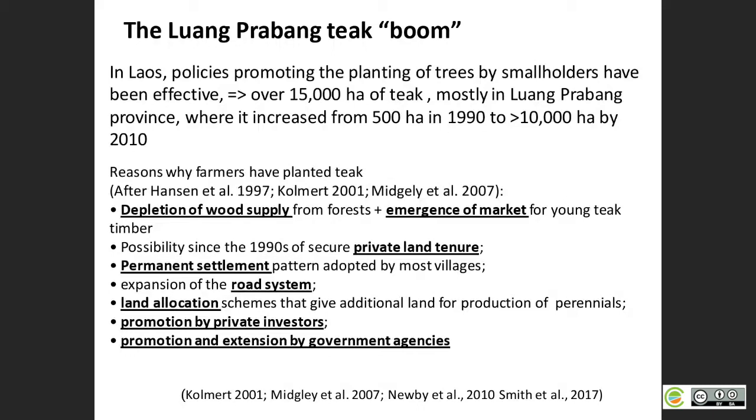Many things explain why it was very successful, because there was a demand for that at that time. Laos is a communist country, but they started to give incentives for people to start their own activities. They constructed roads, and so on. So there was a whole context to push people to start planting teaks.